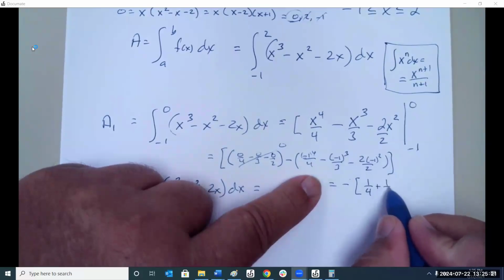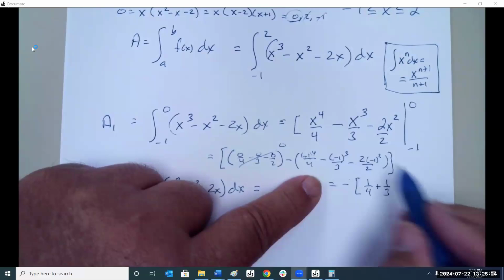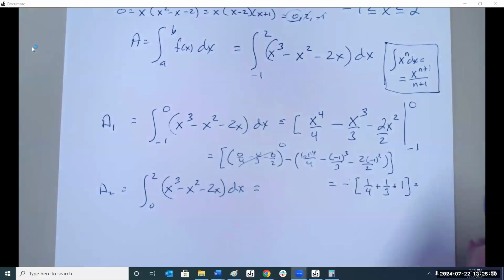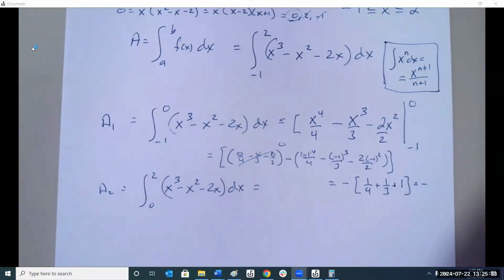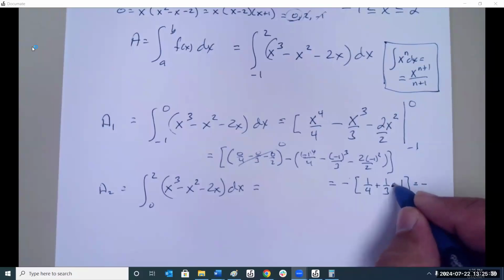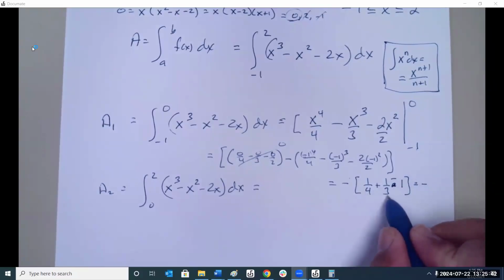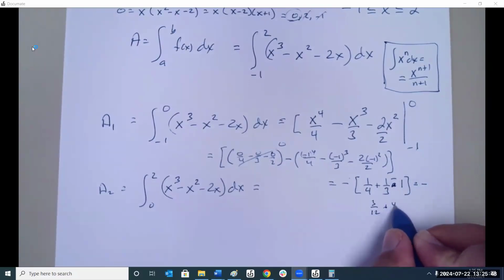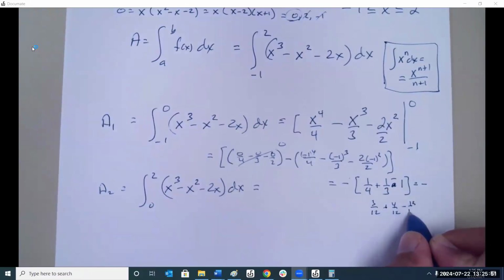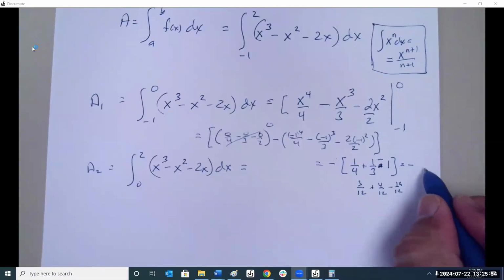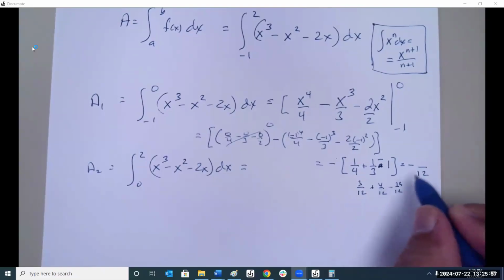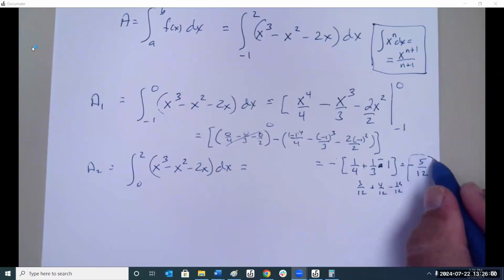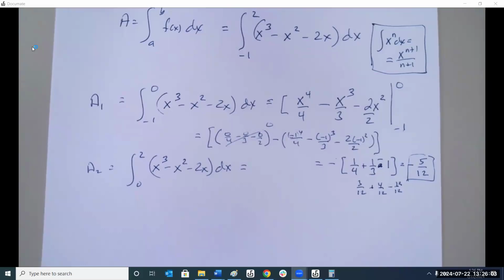Negative, that's a plus 1 over 3. -1 squared is 1 times 2 makes it a 1. LCD. Minus 1. So that's 12. So this is 3 over 12 plus 4 over 12 minus 12 over 12. So -5/12 in the first one.